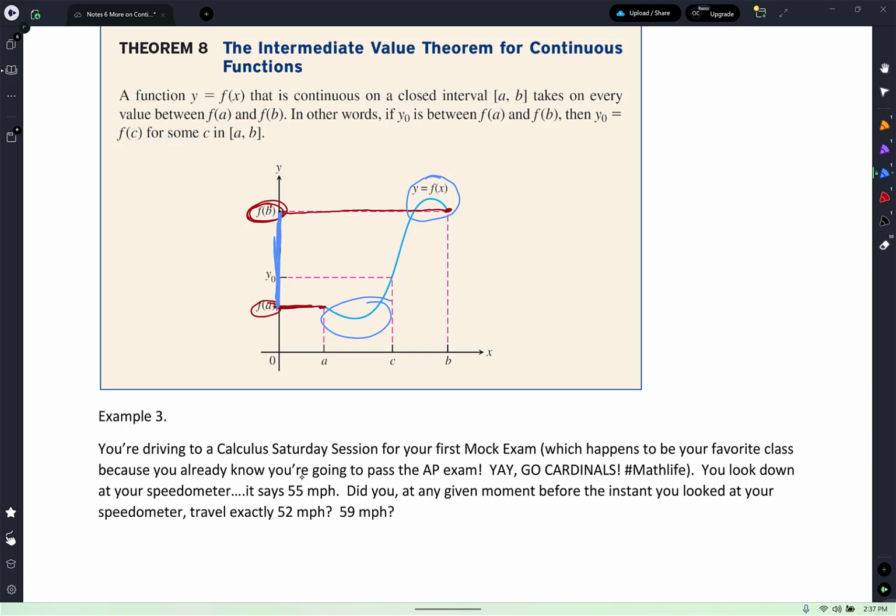Velocity is a continuous function. It doesn't go from 10 miles per hour to 30 miles per hour immediately. You have to go 10, 11, 12, 13. Does that make sense? But if you look down and it says 55, does the intermediate value theorem guarantee that you are going 70 miles an hour? Maybe you hit 70, but it doesn't guarantee it. Does that make sense? So what does the intermediate value theorem say? As long as you're continuous, you hit every value.